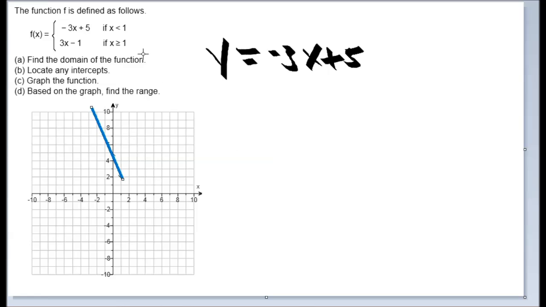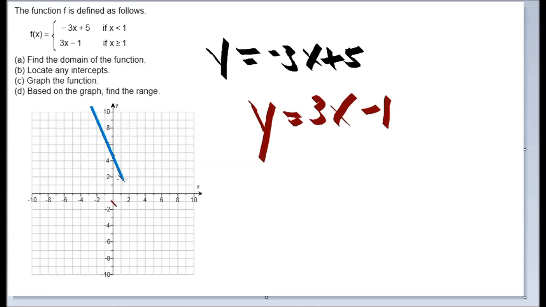Okay. And then for values greater than or equal to 1, we have the equation right here that y is equal to 3x minus 1. That means we're going to start at minus 1, but it's going to be weird because we're not going to use any x's until we get to 1. So this one goes up 3 and over 1, up 3 and over 1.